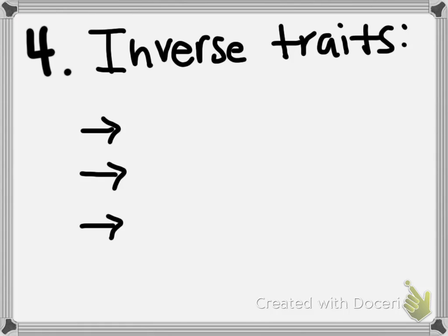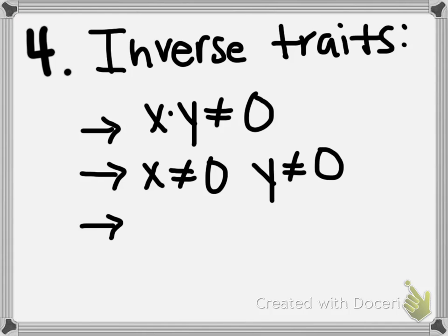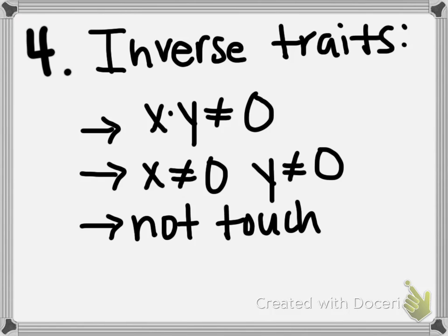Number 4, inverse variation traits. Well, we said that x times y cannot equal 0, x cannot equal 0, y cannot equal 0, and last but not least, they cannot touch the axis. That's the x or the y.